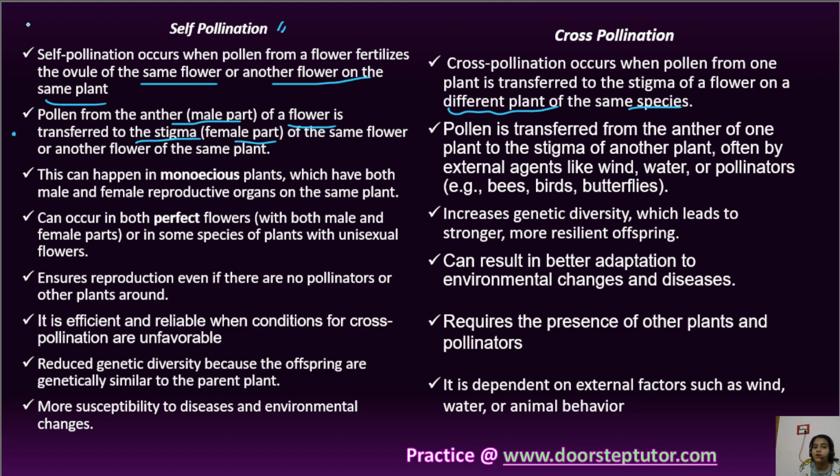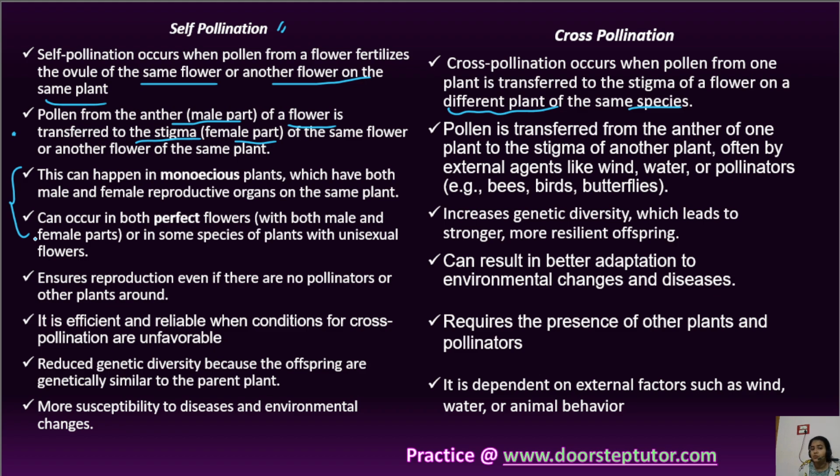After this, we are going to talk about where self-pollination can occur. This can happen in monoecious plants. Monoecious plants are those which have both male and female reproductive organs on the same plant. It can occur in perfect flowers, which have both male and female parts, and in some species of plants with unisexual flowers as well.